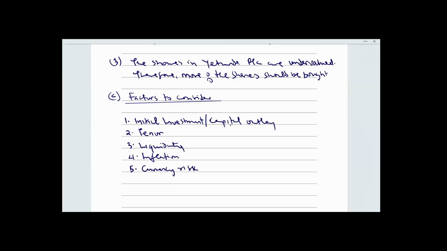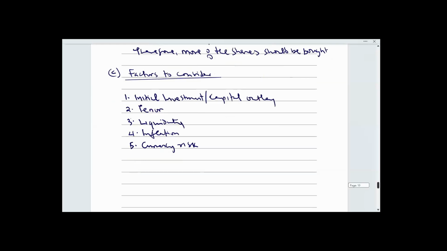That is, it's denominated in a foreign currency other than your domicile currency. Because if the foreign currency appreciates relative to your domicile currency, then the value of your investment will fall.